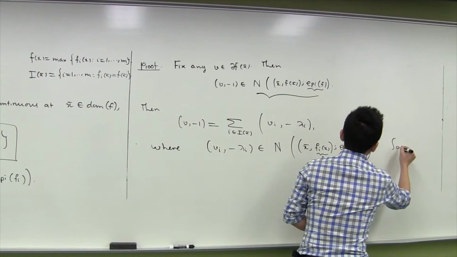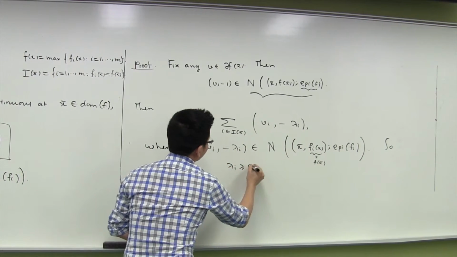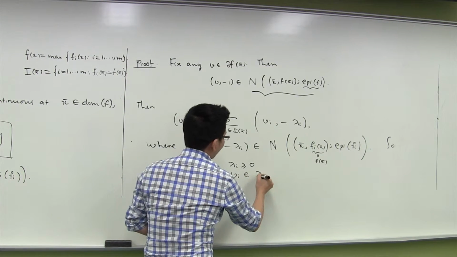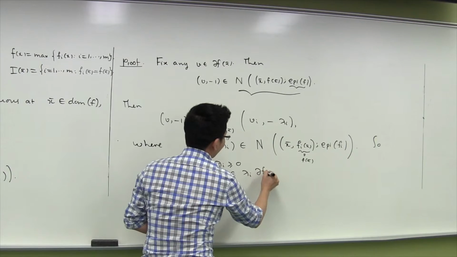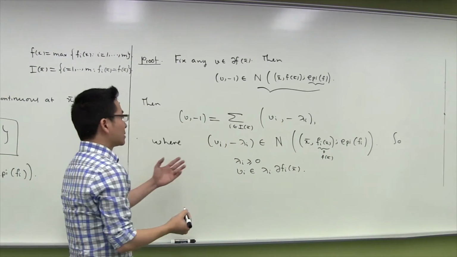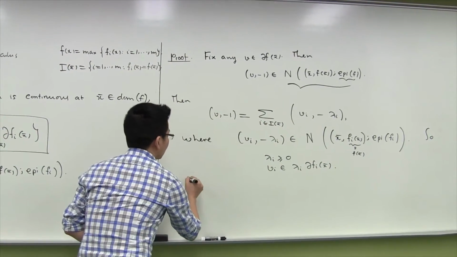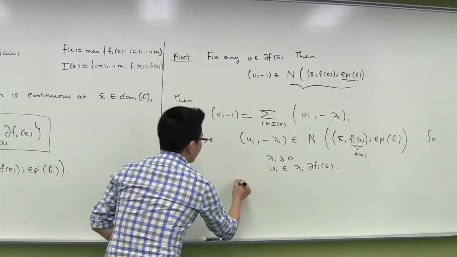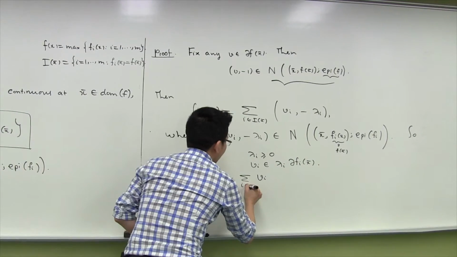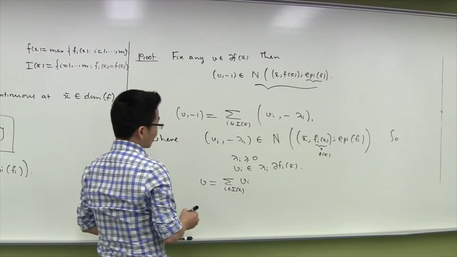By the previous lemma, lambda i is greater than or equal to 0, and vi belongs to lambda i times the subdifferential of fi at x bar. Okay. Now, if we look at this representation, we see the following. v is the sum of vi, where i runs in I of x bar, from the first part of the formula.